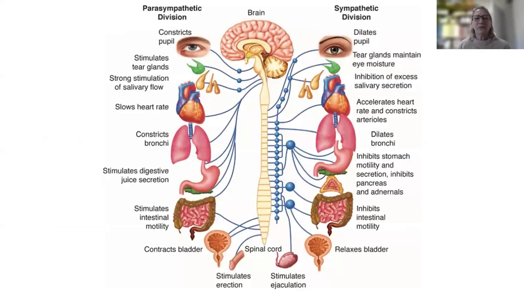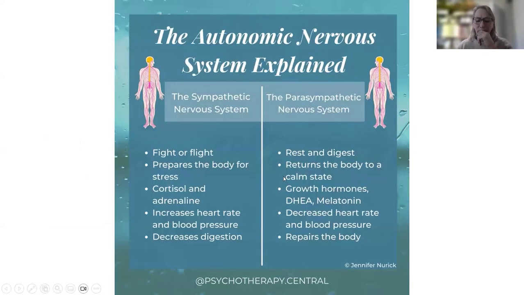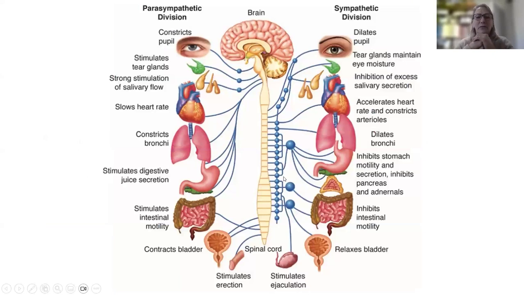And here's just a wee diagram that shows how the parasympathetic and sympathetic nervous systems work in opposition. On the left-hand side, we've got the parasympathetic, and on the right-hand side, we have the sympathetic nervous system.